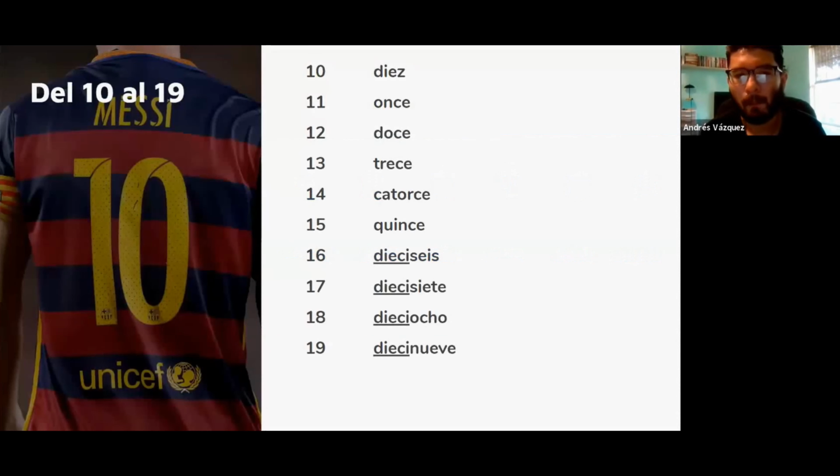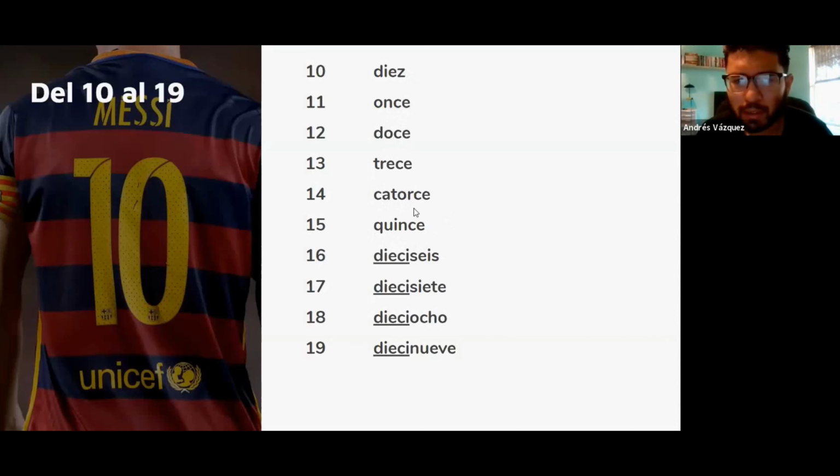Muy bien. So once we get into 10, so from 10 to 19, we start seeing patterns that will help us recall the names of this type of numbers, no? So we start with 10, 11, 12, 13, 14, 15.